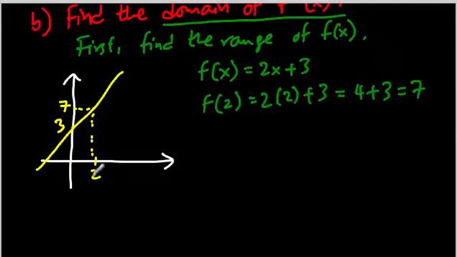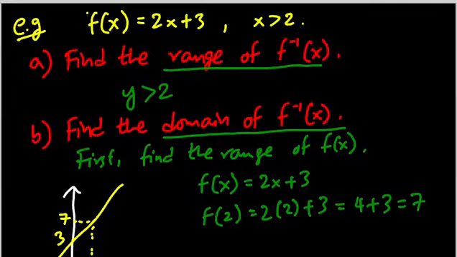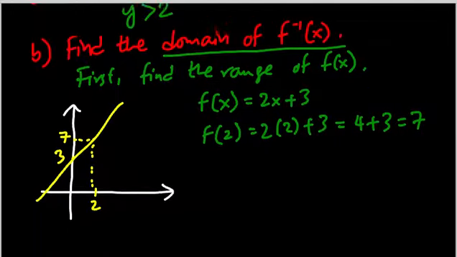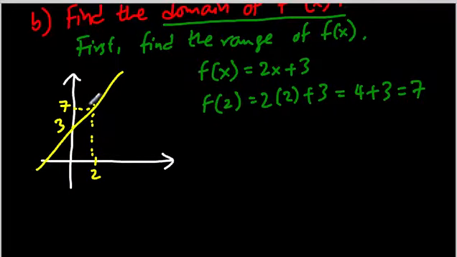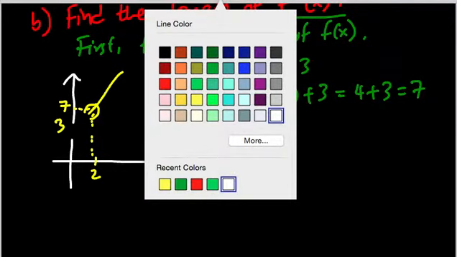Now, since the domain says x is greater than 2, we know right away that we're going to put an open circle over here, because it doesn't count, it's not equal to. And since it's greater than 2, we have to erase everything to the left. So we're going to erase all of that.